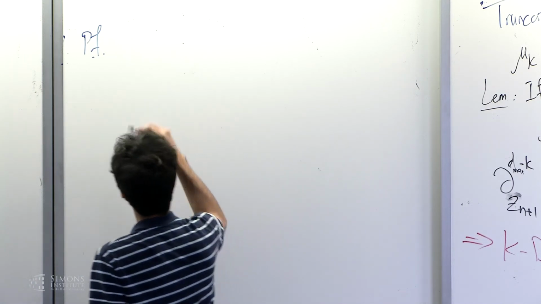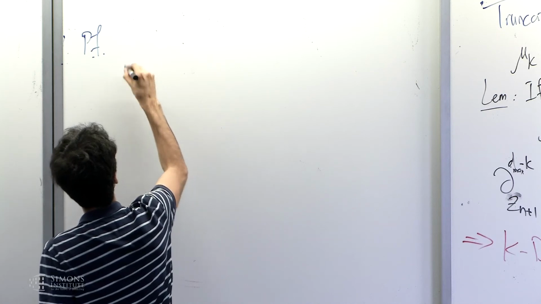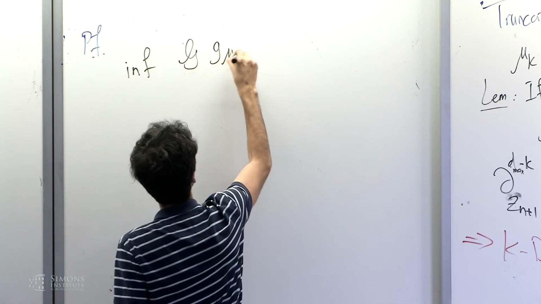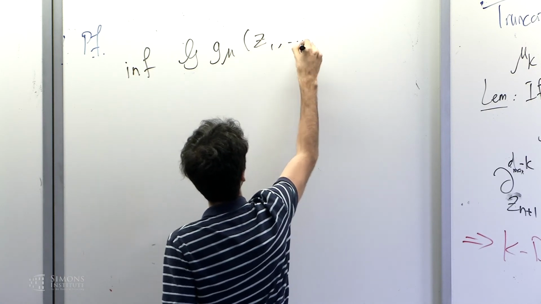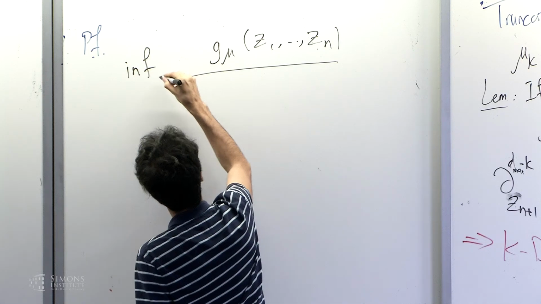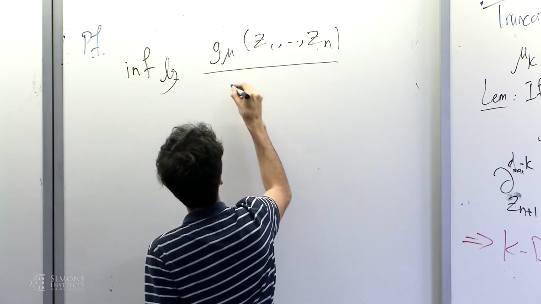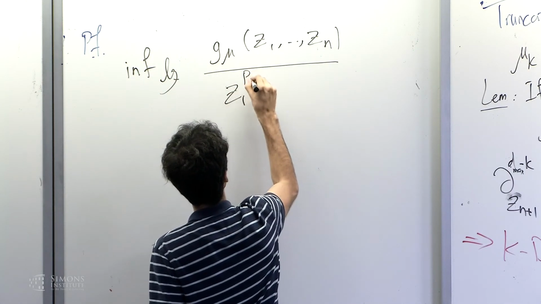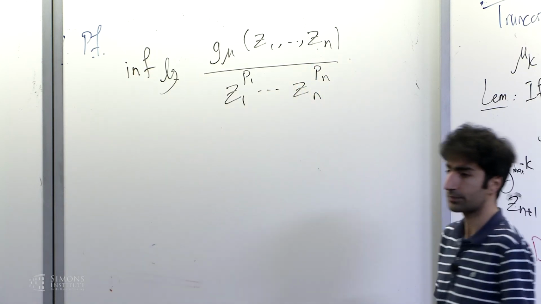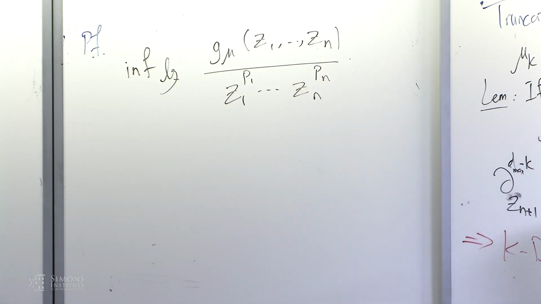So you look at the following: you minimize log of g_mu(z1, ..., zn) over z1^p1 up to zn^pn.